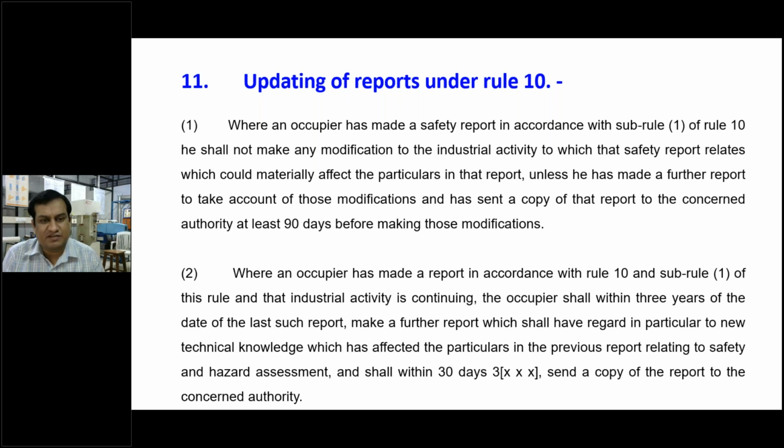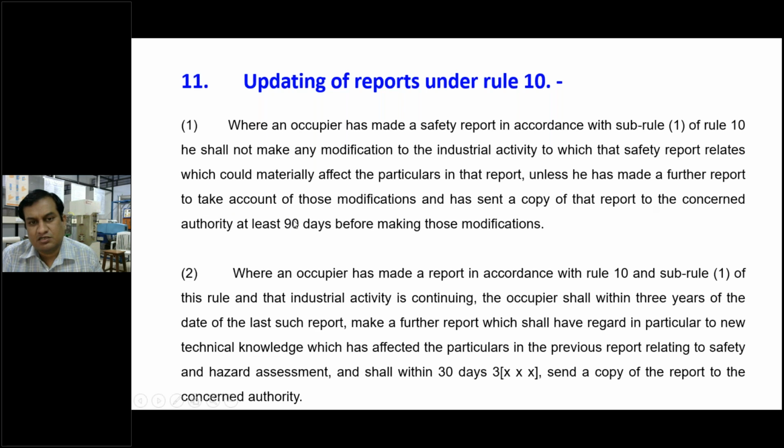You have already given the information related to this activity in that report, and you are not authorized to change that industrial activity in the premises, unless he has made a further report to take account.